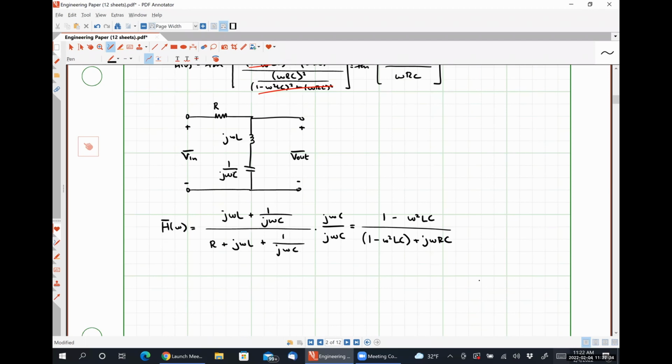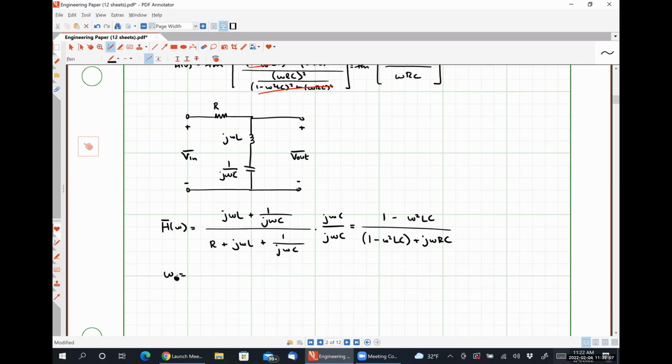So it should be fairly obvious here that when omega is equal to the square root of 1 over LC, our transfer function becomes purely real again.